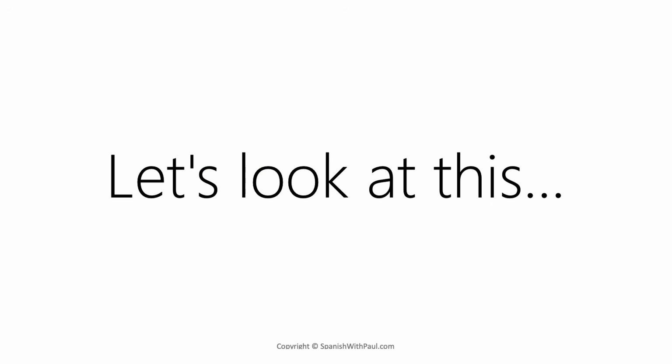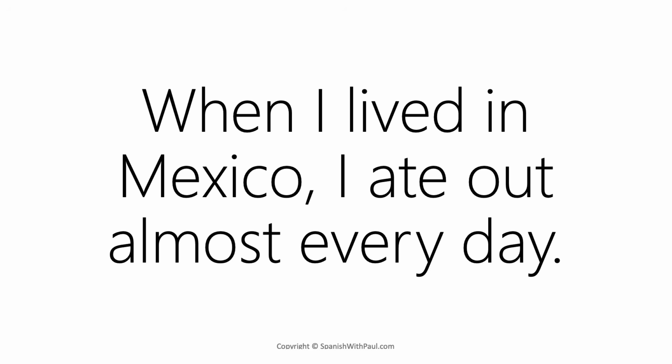Now let's look at this. We have, when I lived in Mexico, I ate out almost every day. I'll highlight the verbs again in red because we can easily substitute the idea of used to. So instead of when I lived in Mexico, when I used to live in Mexico. Instead of I ate out almost every day, you could say I used to eat out almost every day.